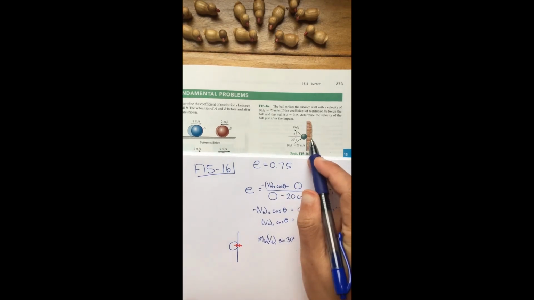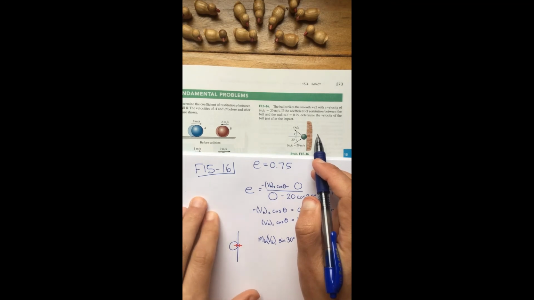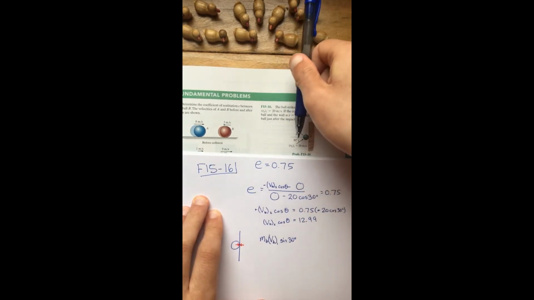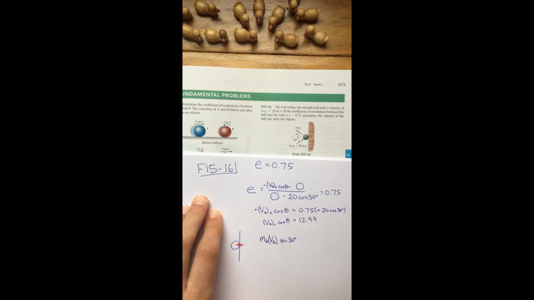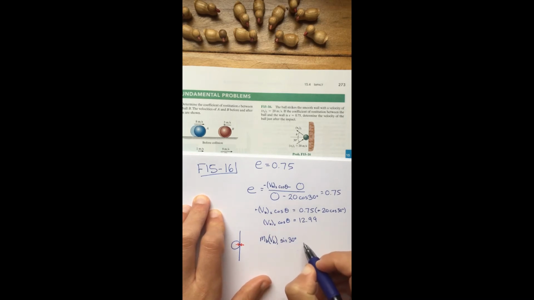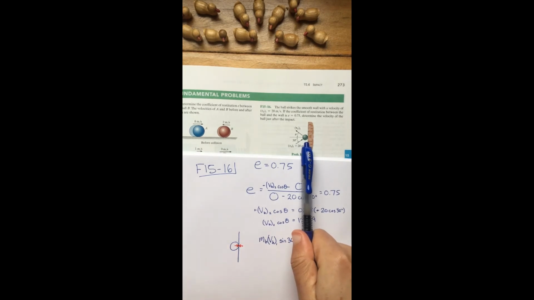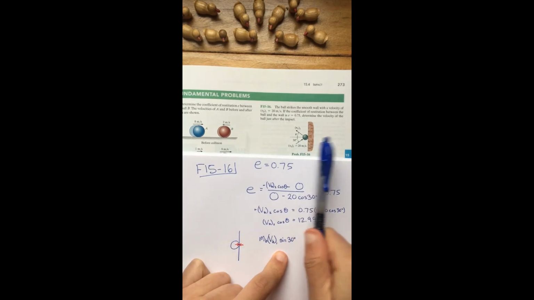The impulse is equal to 0. Now, I didn't do anything with gravity in this problem, but I also don't know from the picture whether I'm looking straight down at the ball or if this is the side of the wall and down is pointing this way. So we're going to ignore gravity. And even if I don't ignore gravity, the impulse that I would have for the force of gravity during the time of the collision would be very small.